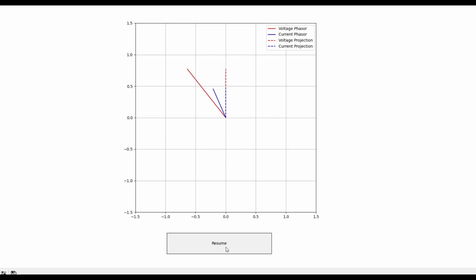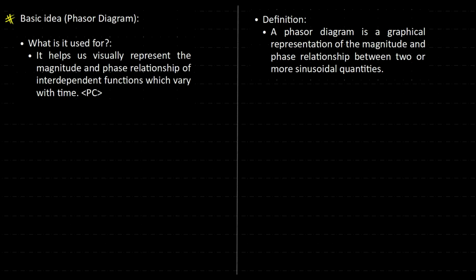Does it make sense? Can you look at the projection of those vectors onto the y-axis? Let me show it over here. Those are the projections along the y-axis. So all of this helps us.